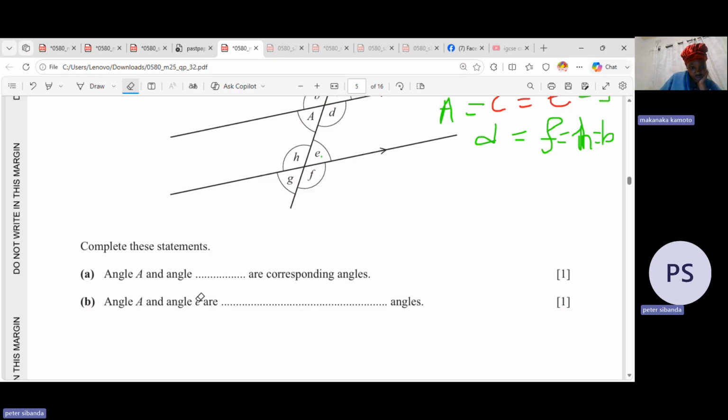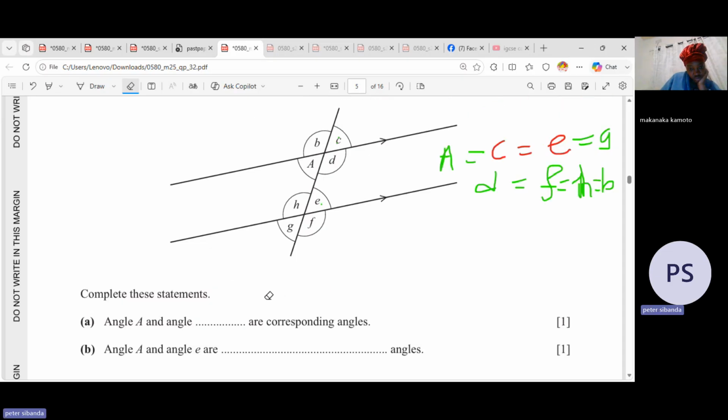Complete these statements. Angle A and angle dash are corresponding angles. So it's angle A and angle what? Angle E. Angle A and angle E are here. They are what?